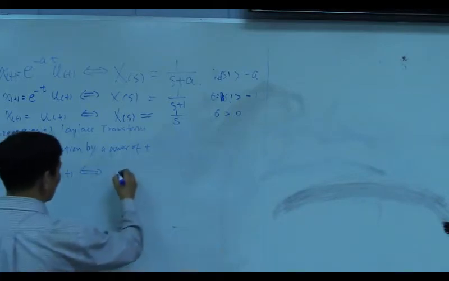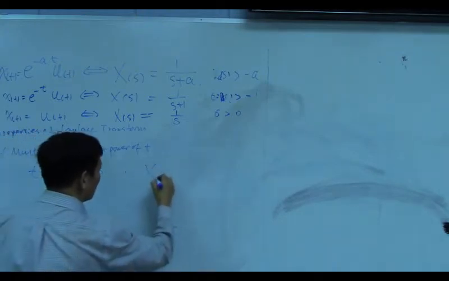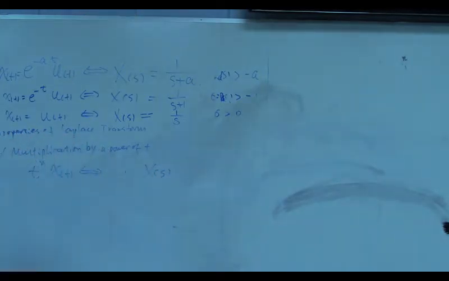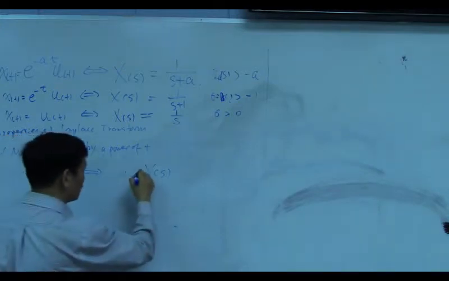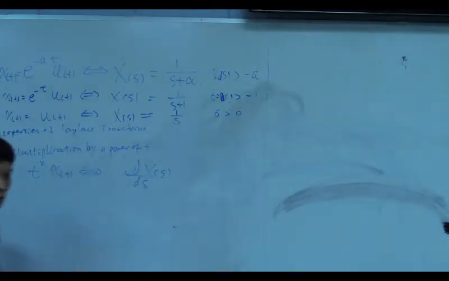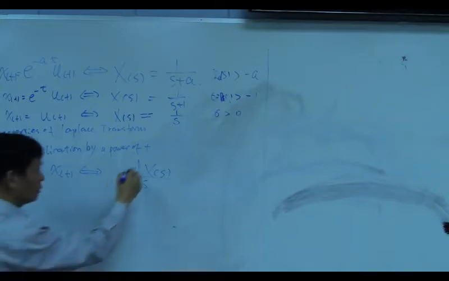This one will be equal to, we take the differentiation of capital X(s) with respect to s for n times, then multiply by (-1) to the power of n. Everybody good on this?